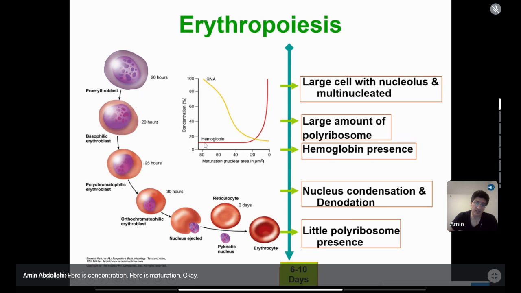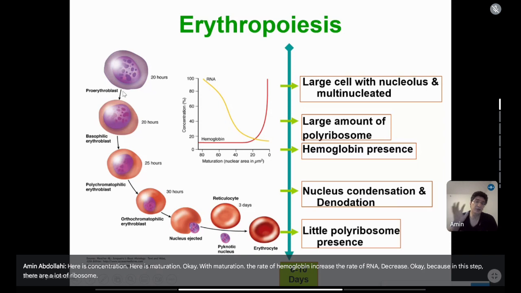With maturation, the amount of hemoglobin increases and the amount of RNA decreases, because in this step there are a lot of ribosomes forming hemoglobin.